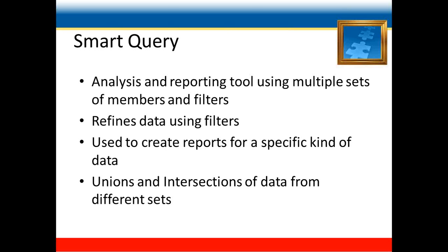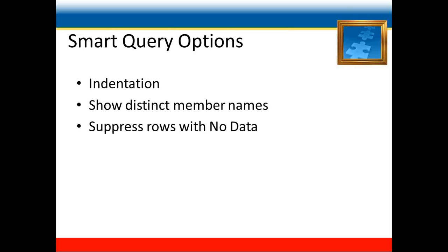And for even higher complexity in these queries, you can apply unions and intersection of data from different sets. Unions will collect the data from all the data sets that you have, and intersection will collect only the common data from the data sets that you have specified while creating Smart Query.